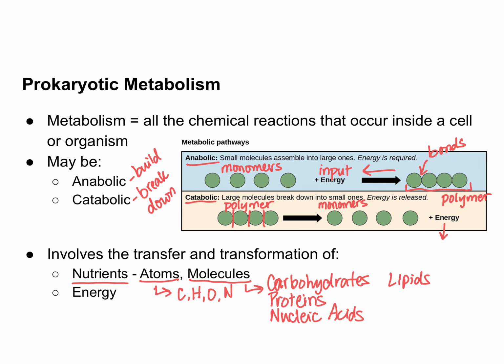There's also a transfer of energy, because remember, with an anabolic reaction, there has to be an input of energy to form those bonds. And in a catabolic reaction, we have a release or an output of energy.